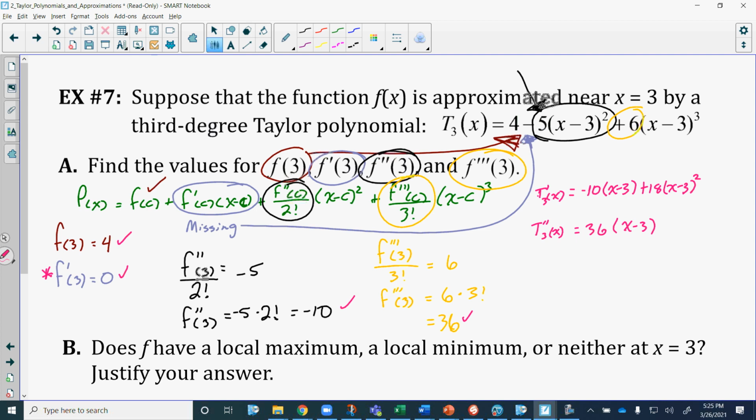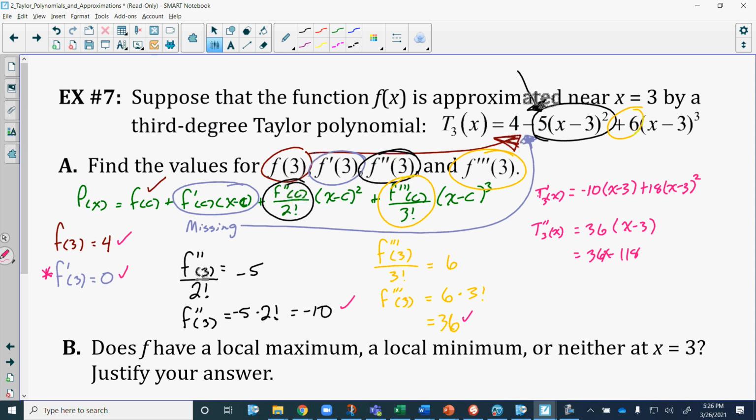But we know it's supposed to be a negative 10. Well, if you took that second derivative and wrote it out in standard form, 36x minus 118, I'll get a negative 10 when I do it that way.